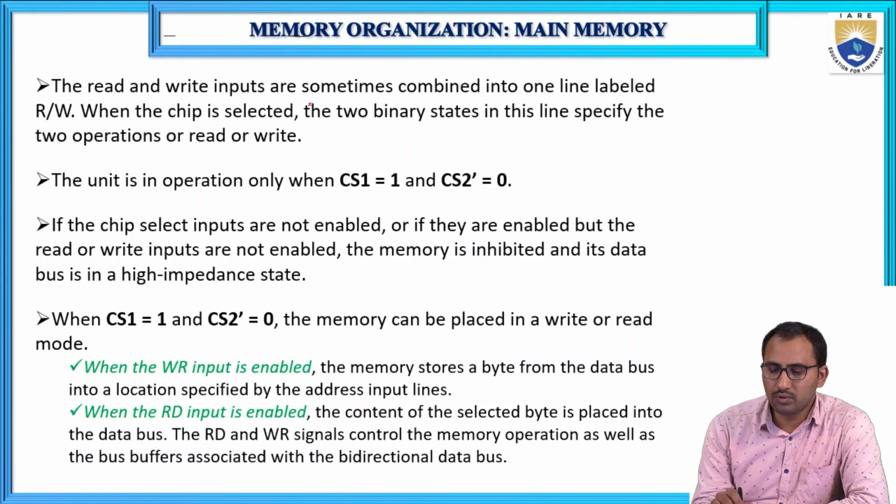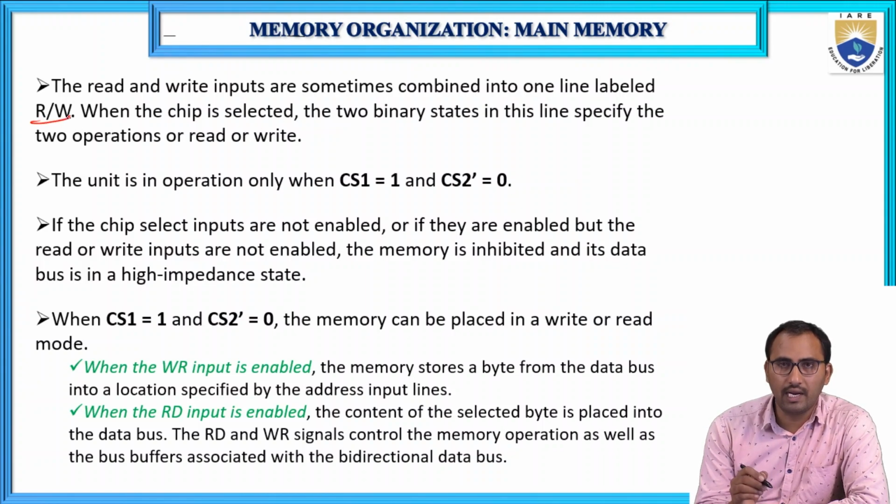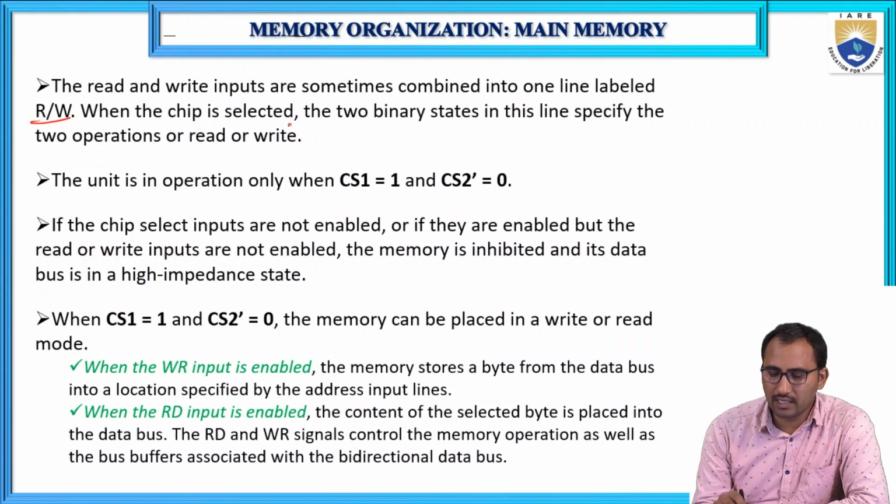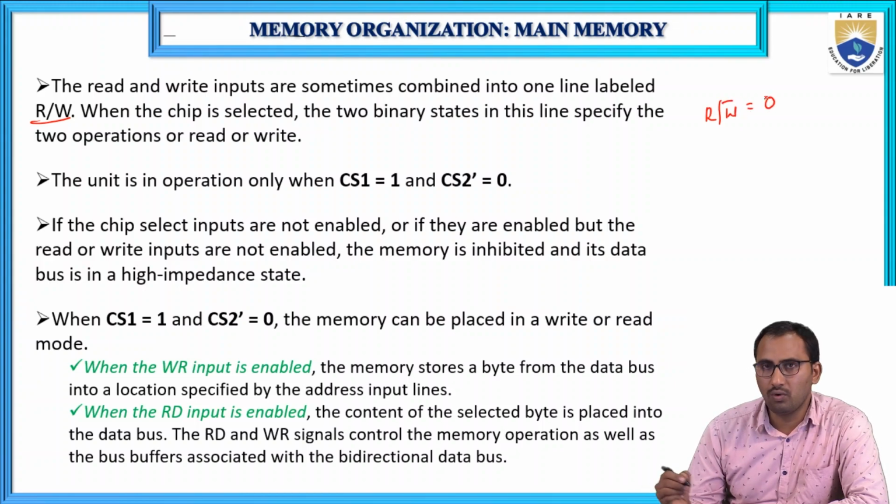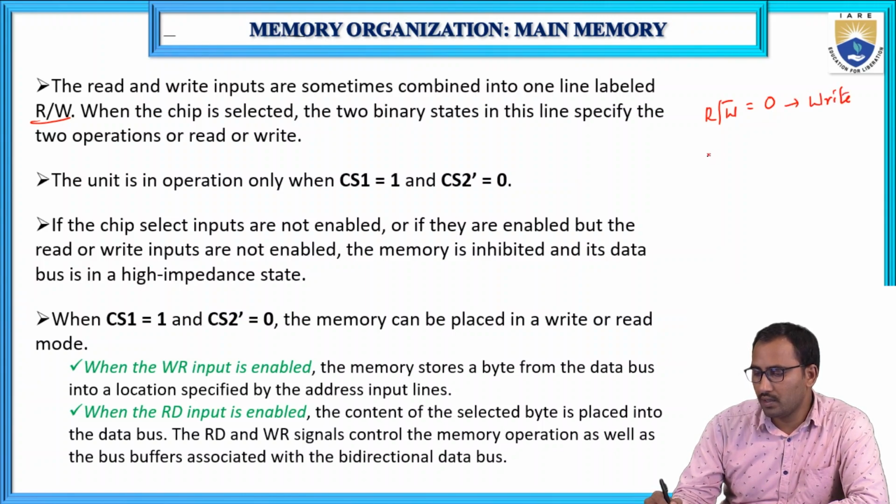Read and write inputs are sometimes combined into one line labeled read or write. When the chip is selected, the two binary states on this line specify the two operations, read or write. So here it is mentioned as read or write bar. If read or write bar is equal to 0, then it performs a write operation. If read or write bar is equal to 1, it performs a read operation.